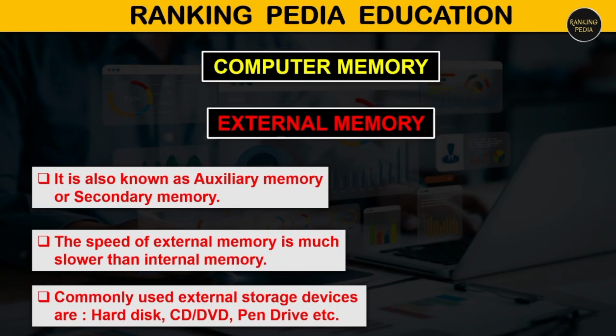Therefore, the data has to be stored separately in secondary storage, in order to make it permanent and accessible for a longer duration of time. That's why it is known as secondary memory and auxiliary memory, and it also has a speed much slower than that of internal memory.